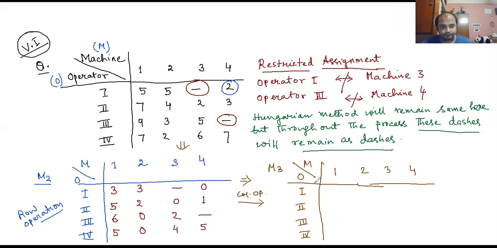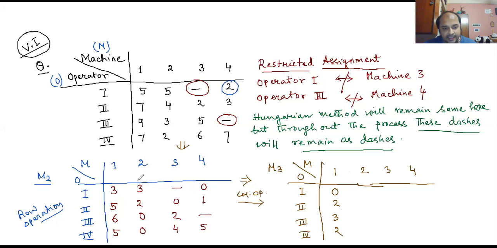Now column wise, the first column contains minimum element 3. So 3 minus 3, that is 0. 5 minus 3, that is 2. 6 minus 3, that is 3. And 5 minus 3, that is 2.